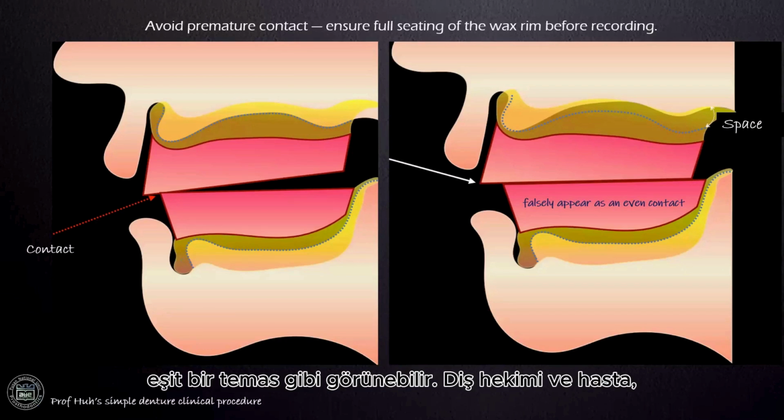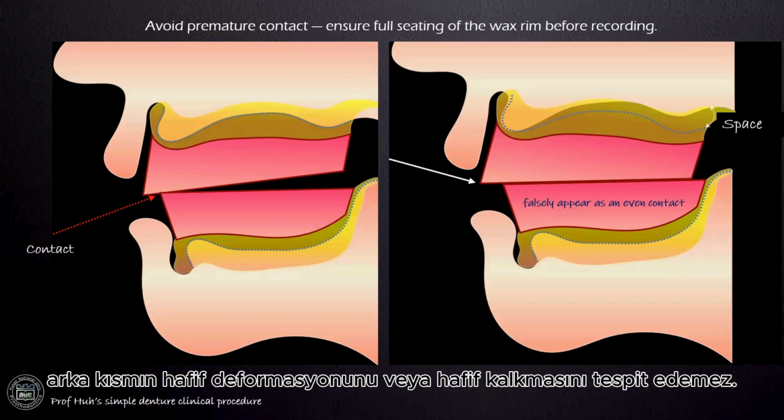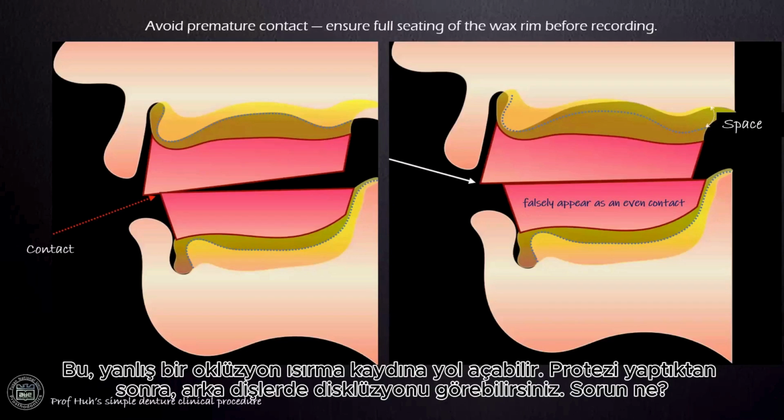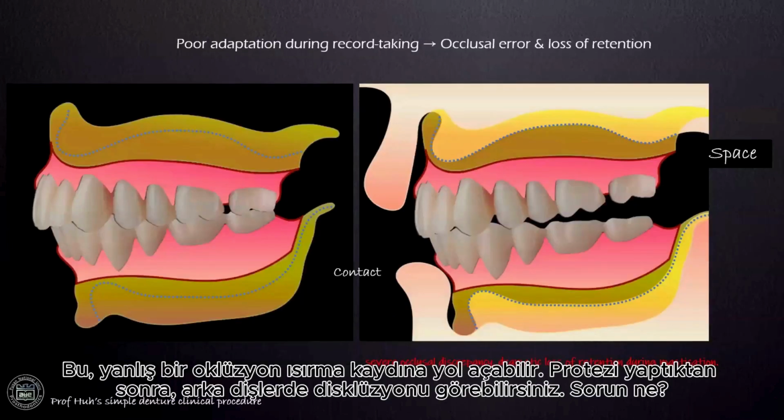So the dentist and patient couldn't detect the slight deformation or slight lift of the posterior part. This can result in an inaccurate interocclusal bite checking.